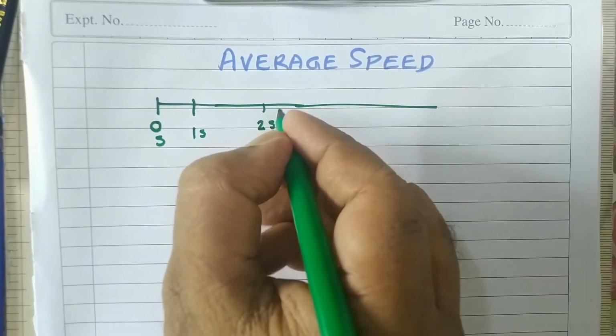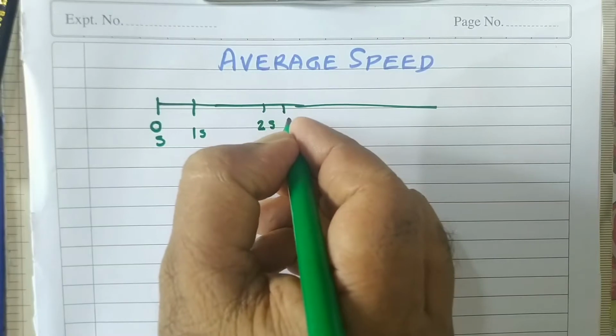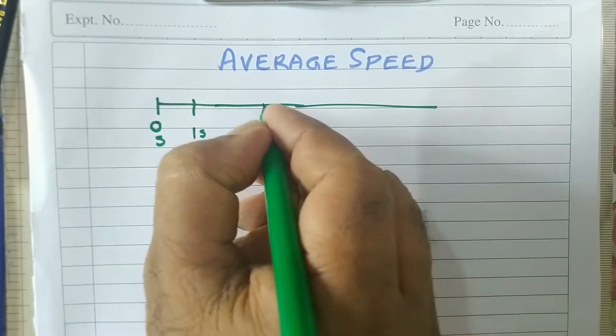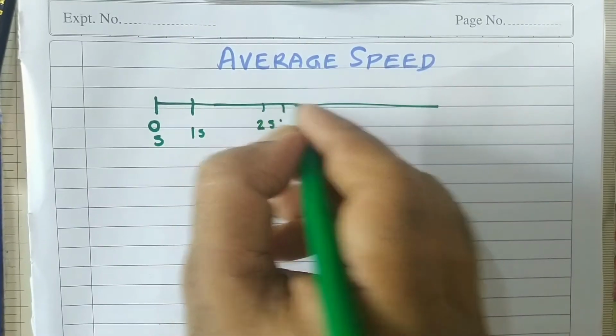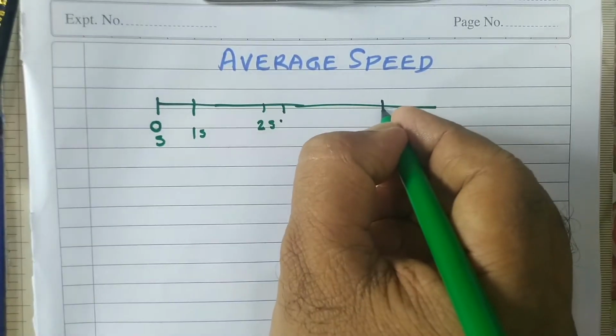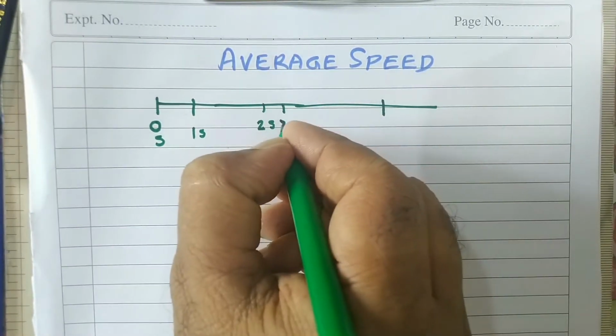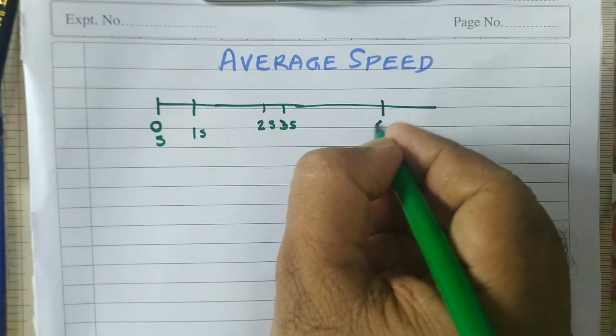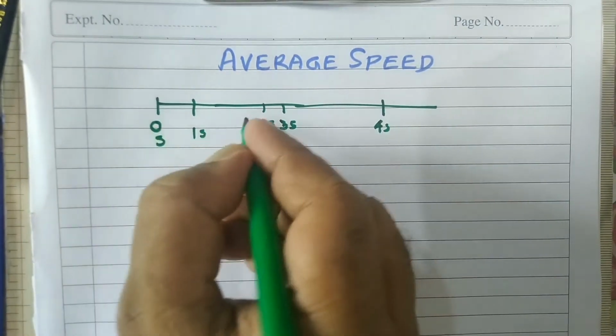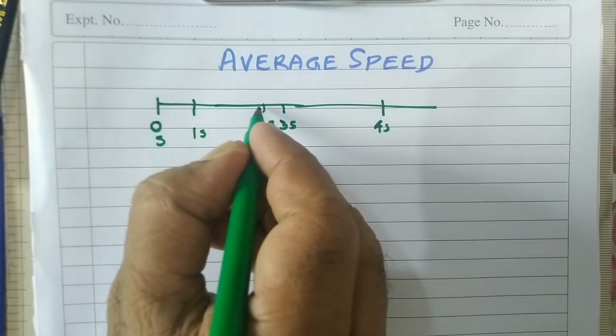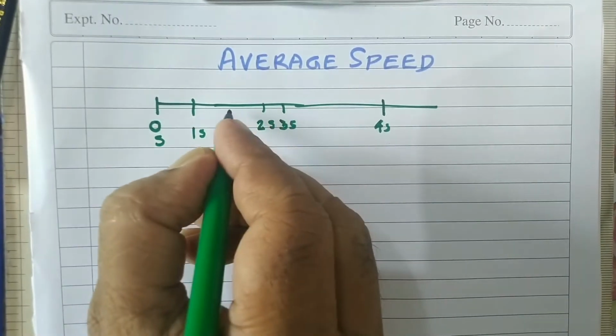If speed is decreased a lot, the next second it will cover less distance. If speed increased much more, then it will cover a large distance. Even though the time is the same, the distance covered will be different depending on the speed.